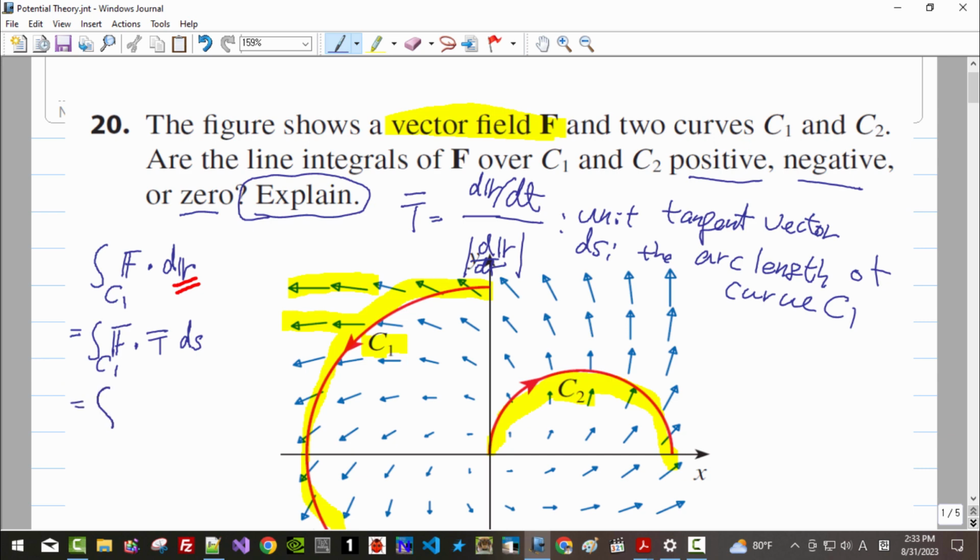So, it can be said that magnitude of F, magnitude of T, ds over C1. We missed cosine theta. T is the unit tangent vector. So we can say magnitude of F cosine theta ds.